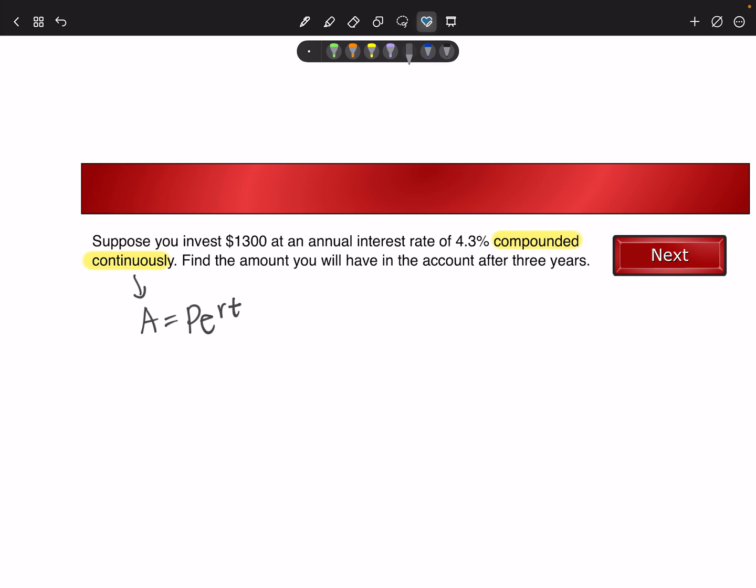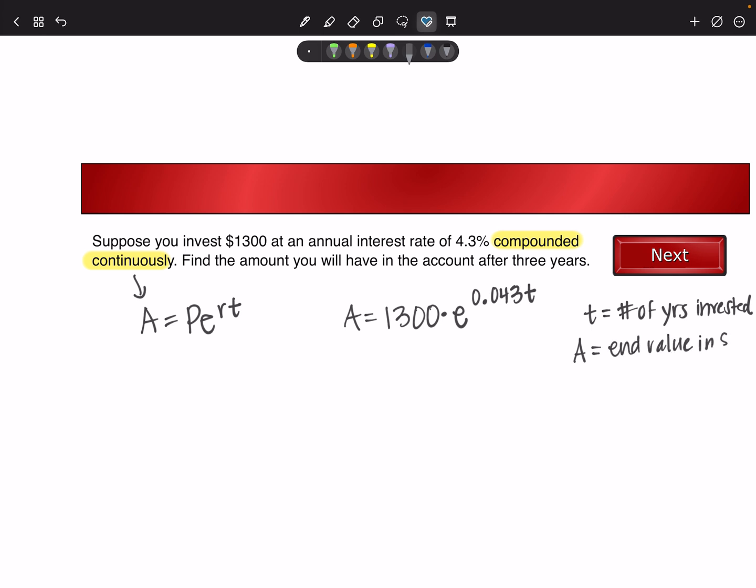So you should have A equals 1,300 times e raised to the 0.043 T power, where T equals the number of years invested, and A is equal to the end value in dollars after T years.